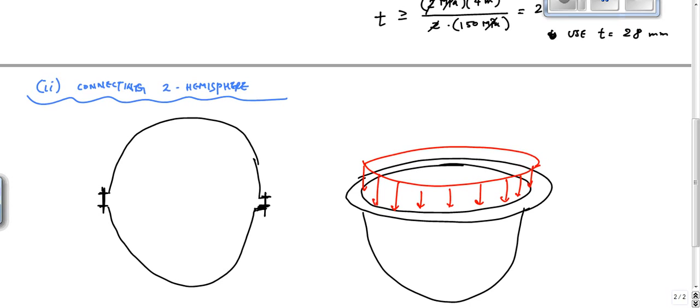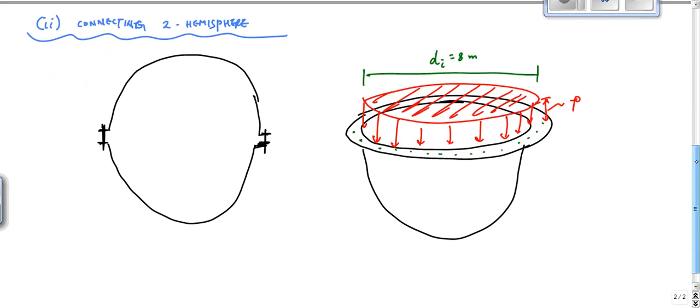And this is the inner diameter of 8 meters. I want to know how many bolts I need to make sure I hold this together within the allowable.